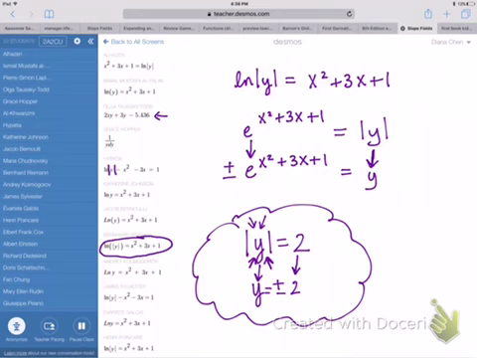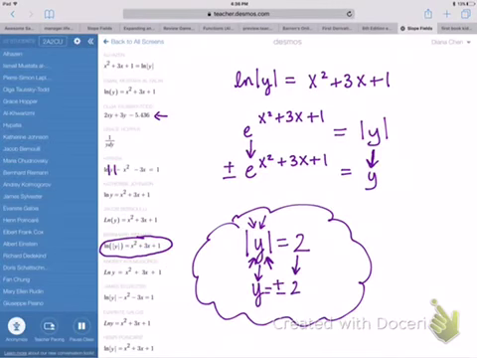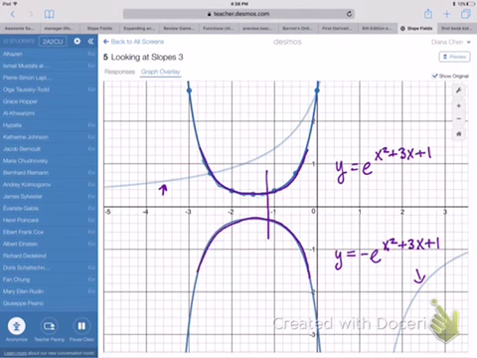So which branch do we need to remove in order for this to go through the ordered pair 0, comma e, like we talked about in the original question over here? If we want it to go through 0, comma e, we need the upper branch, not the lower branch, as you saw when you graphed it on Desmos.